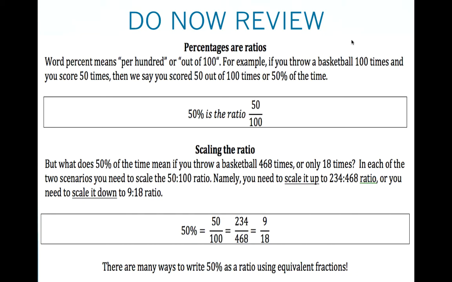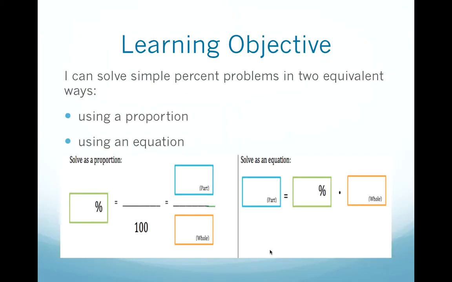Namely, you need to scale it up to a 234 to 468 ratio, or scale it down to a 9 to 18 ratio. 50% can be written as the fraction 50 out of 100, or any fraction in its equivalent form, such as 234 over 468, or 9 over 18, or 1 over 2. There are many ways to write 50% as a ratio using equivalent fractions.